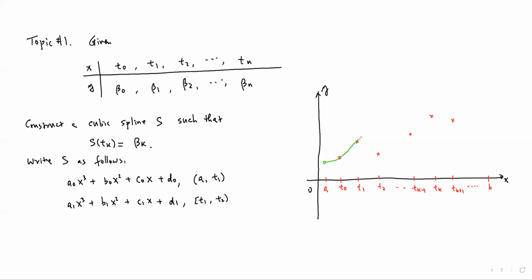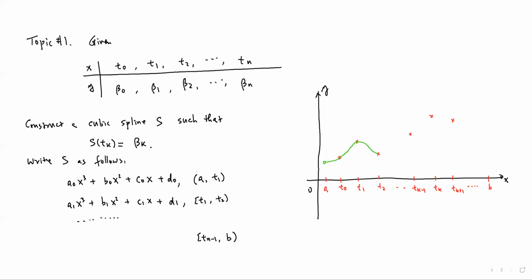Over the second interval, it is a cubic polynomial. And so on. The last interval is tn minus 1 to b.